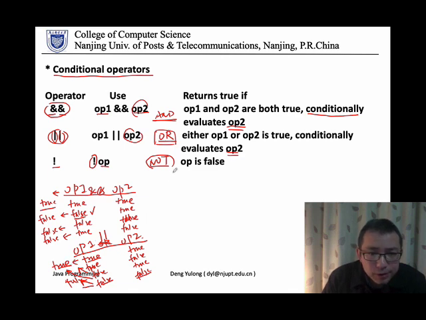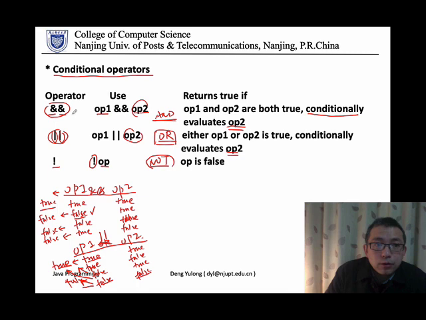So this is conditional evaluation. That means if the first operand is true, the second operand will not be evaluated because the result is always true.